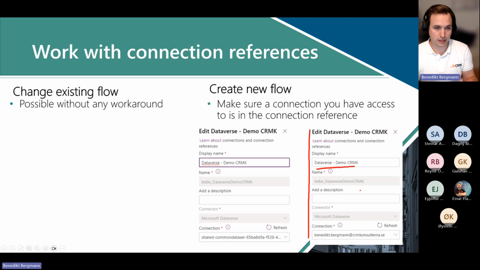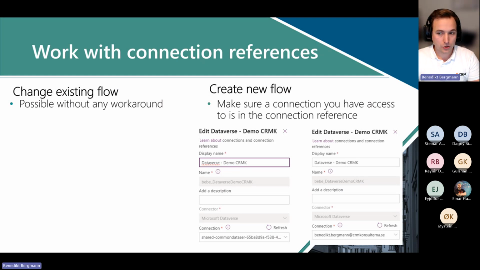So that takes away one of the problems, but usually we don't want to use shared accounts, and we only want to use them where that is really needed. So this is basically how we have to work with them.